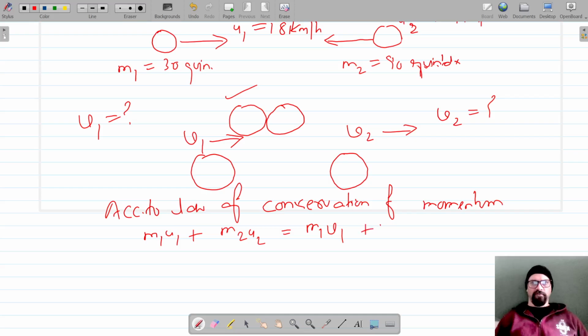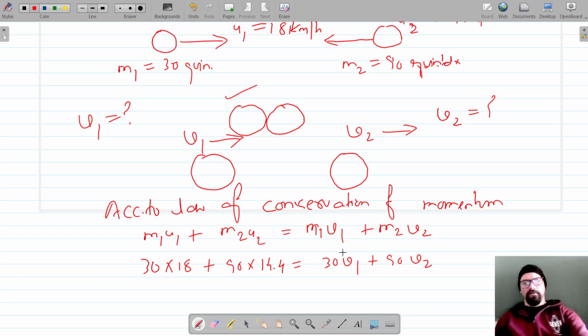So m1 u1 plus m2 u2 is equal to m1 v1 plus m2 v2. m1 is 30 and its initial velocity is 18 kilometer per hour, m2 is 90 quintals and u2 is 14.4, and on the right side again 30 V1 and 90 V2. So we have got our first set of equation.